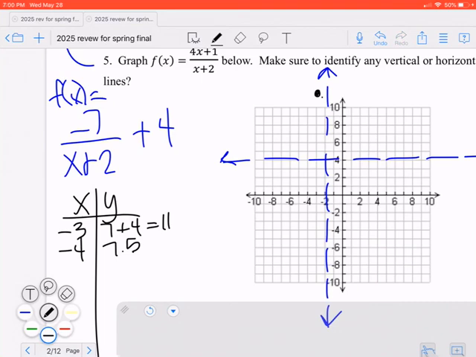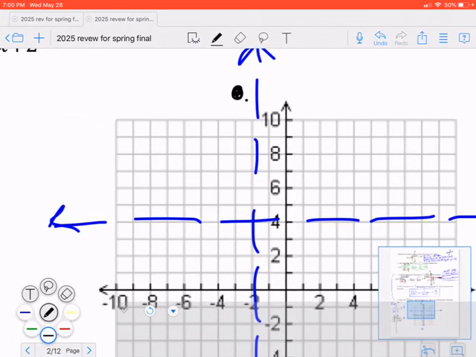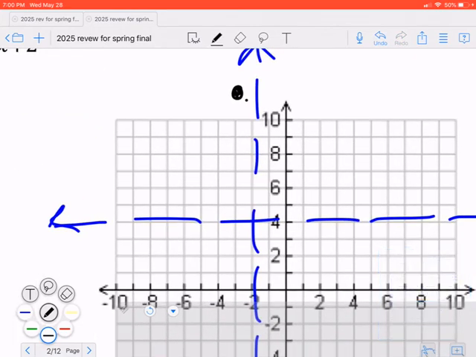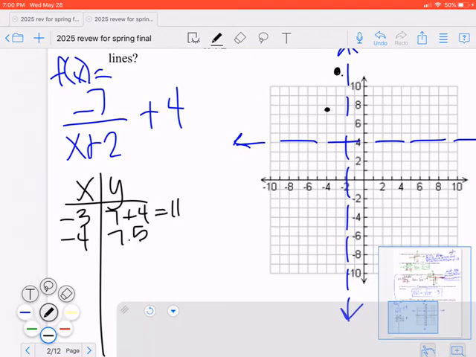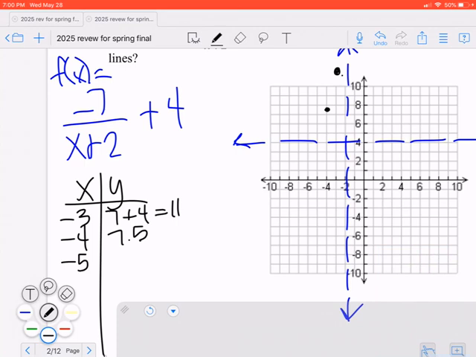Let's graph that. To the left 4, up 7.5. And now we're going to plug in negative 5. I just want to get enough points so that you're getting within 1 unit of the asymptote. Wherever that happens, you never know. You just got to keep plotting points.